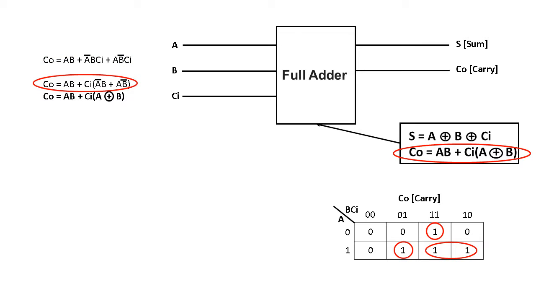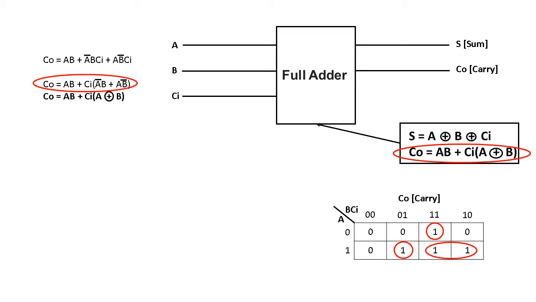Now in the next step, I have taken AB, then after that Ci as common, because you can see Ci is common in both the parameters. If I take Ci as common, then A bar B plus A B bar.